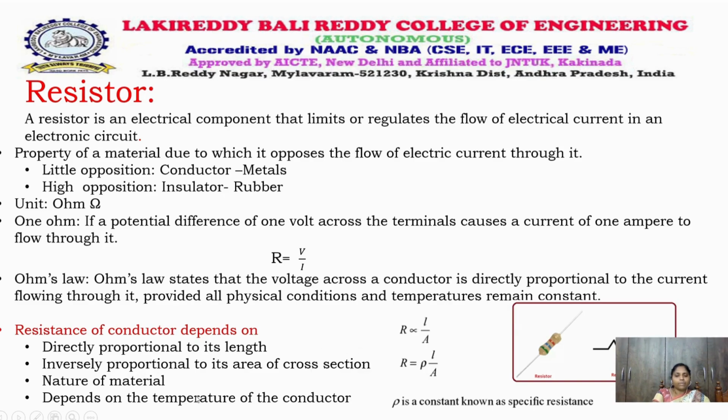It also depends on the nature of the material used. This proportionality constant is known as rho, the specific resistance, and it also depends on the temperature of the conductor.